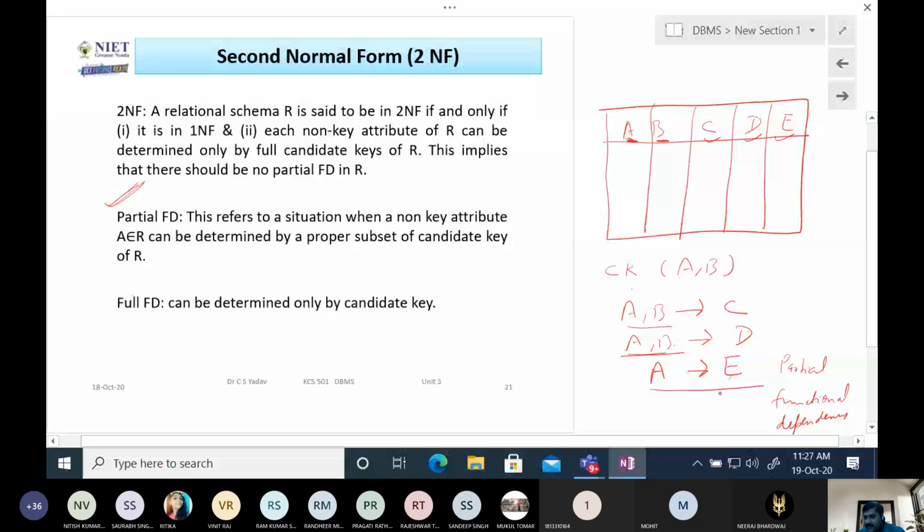Since this partial functional dependency exists in this table, suppose the name of this table is R, then you can say that R is not in second normal form. Why? Because there exists a partial functional dependency. There should not be any subset of this candidate key which determines E.